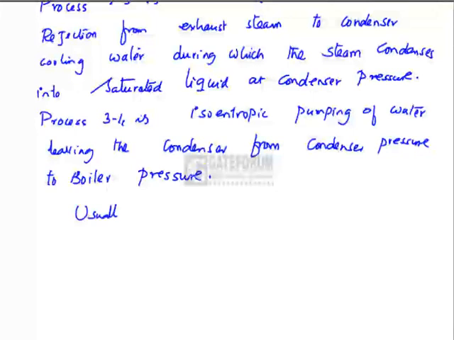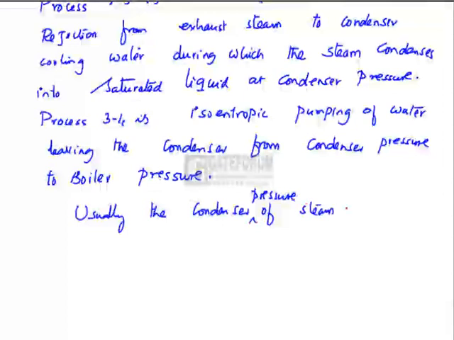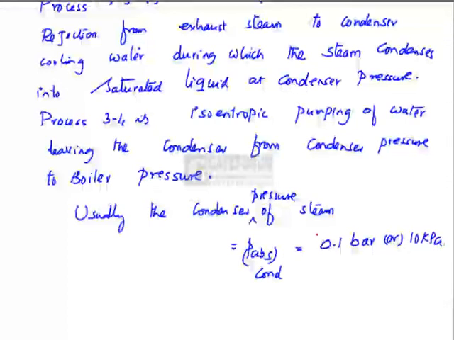Usually the condenser pressure of steam, that is absolute pressure, in the condenser is 0.1 bar or 10 kilopascal.